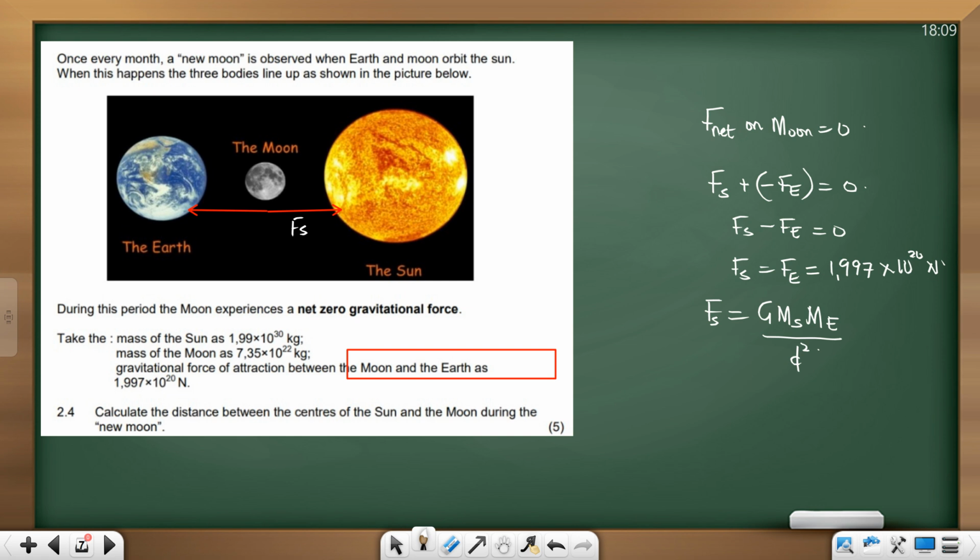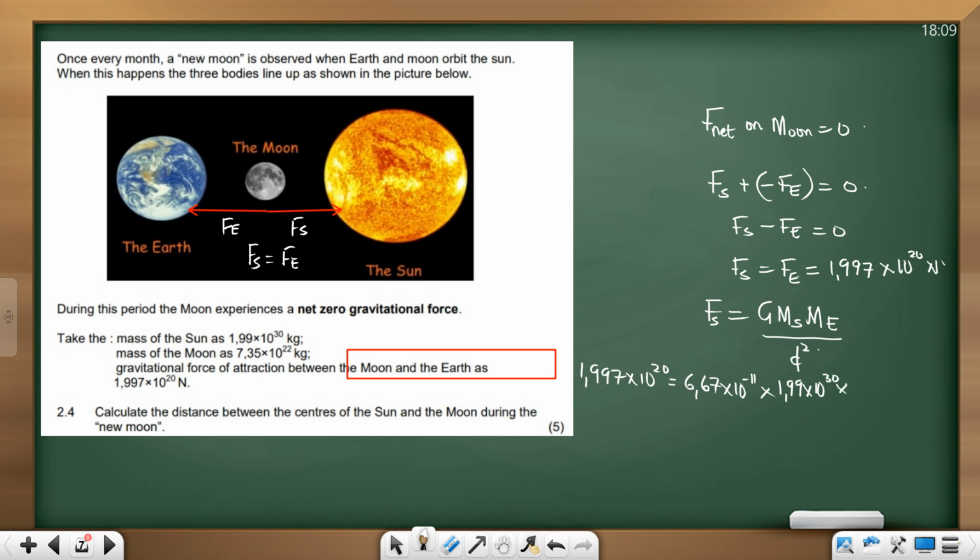So F of the sun and F of E. So we have said F of S is equal to Fe because F net is equal to 0. So what is my force of the earth? 1,997 times 10 to the power 20. G is 6,67 times 10 to the power negative 11. What is the mass of the sun? We were given 1,99 times 10 to the power 30.